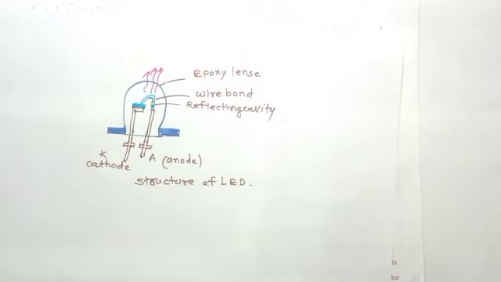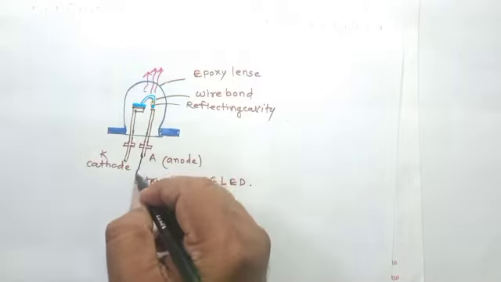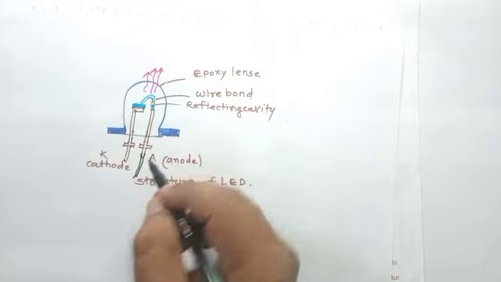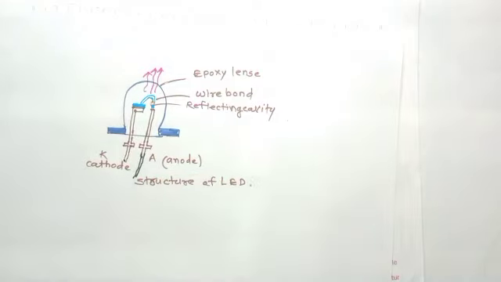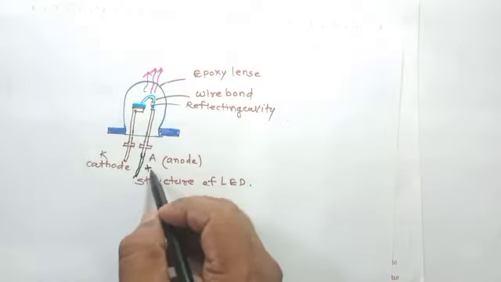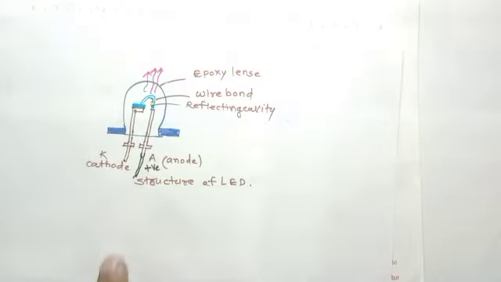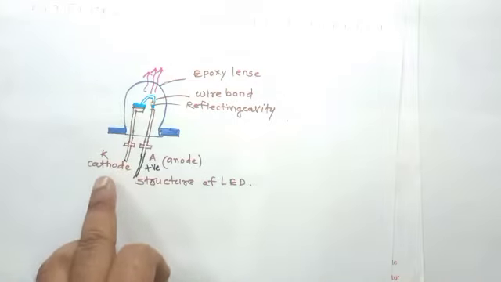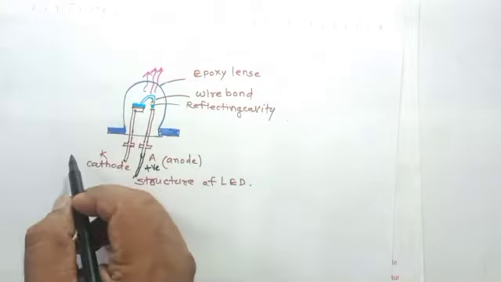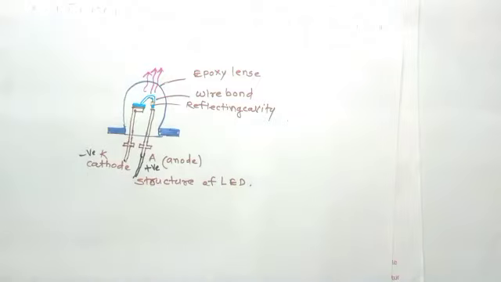And the longer leg, see here, this is the longer leg. The longer leg is said to be the anode, which is positive, whereas the shorter leg is said to be the cathode, taken as negative. So the anode and cathode are there, and so the actual LED will be seen.